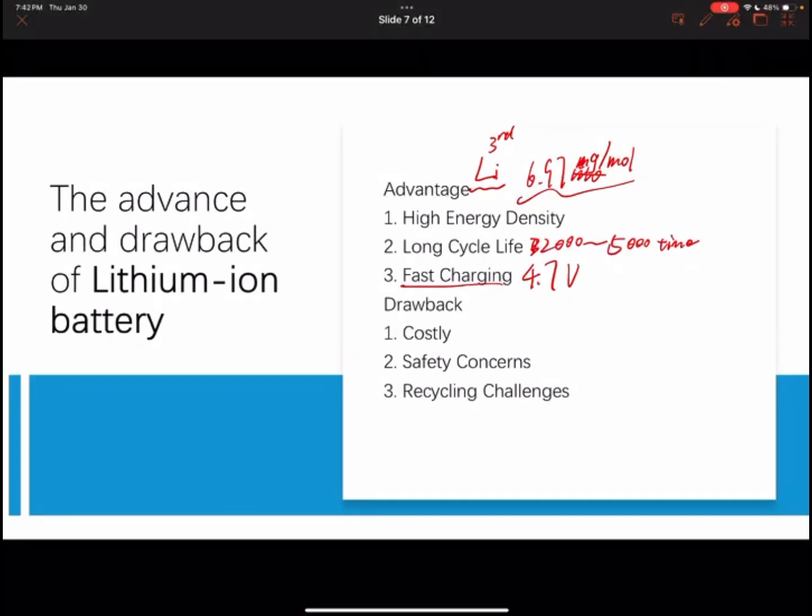Another drawback of the lithium ion is recycling challenges. The challenge is not how to recycle and reuse it, but that we have to, because the enormous surge of usage of lithium can result in mineral resources being exhausted.